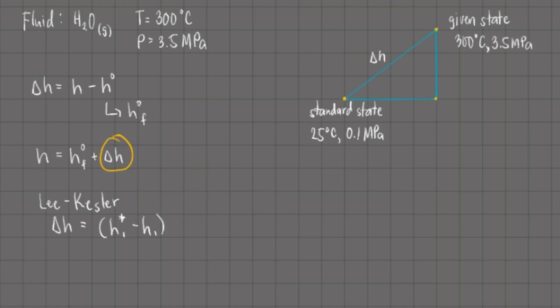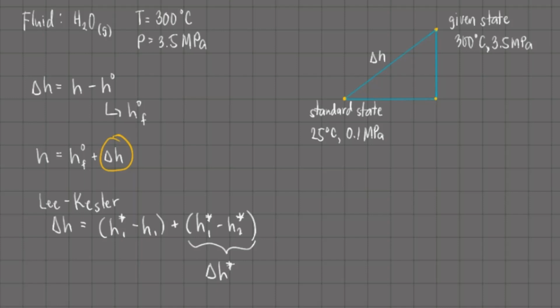We add this to another term, H1 asterisk minus H2 asterisk, where H2 asterisk is the enthalpy of our given state at ideal conditions. We can combine this term as simply delta H asterisk, which is our enthalpy change for ideal behavior.